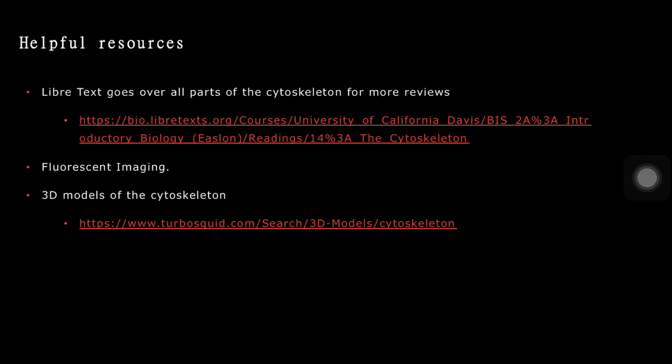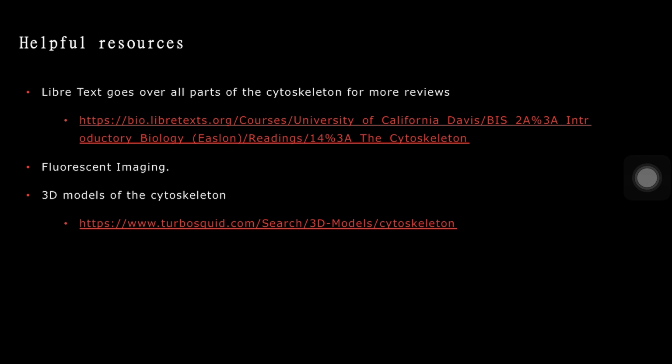And then look up 3D models of the cytoskeleton. This link that I have is actually a shop for buying 3D models. But if you can find something like that and just look at them, and maybe find other 3D models to see how it works, because a lot of times we look into cells and they're very blank or empty because they want to show the organelles.